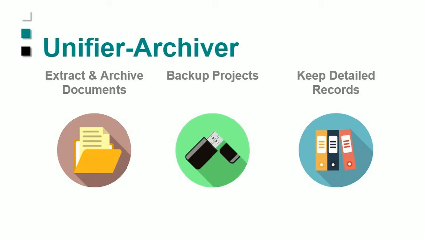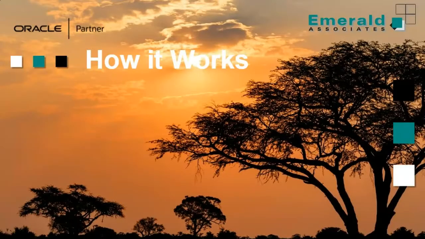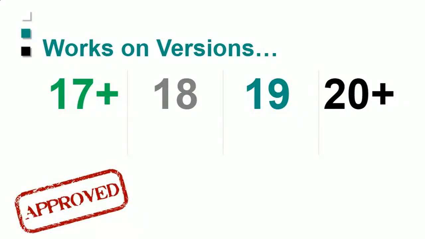So let's touch on how Unifier-Archiver works. Unifier-Archiver lets you pick the projects, modules, and extract the documents. Reliably, this will work on any version after 17.6 to the current version.